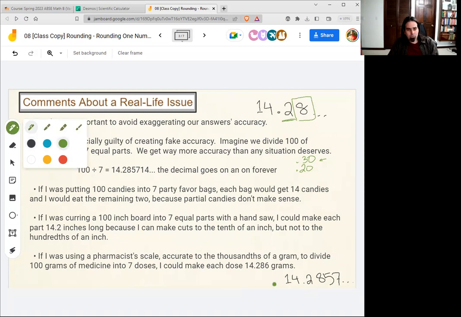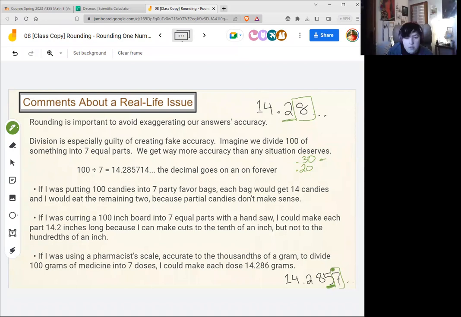So I want to round to that 3rd place: tenths, hundredths, thousandths. So I look at the next one over to the right, and is that 5 or more? Yes. So it makes this one go up to a 6. Okay, I gotcha.